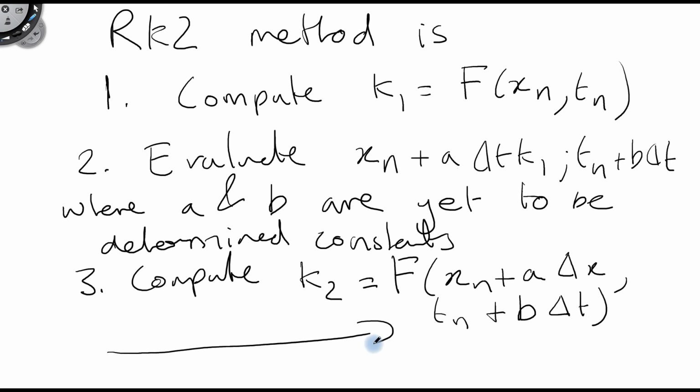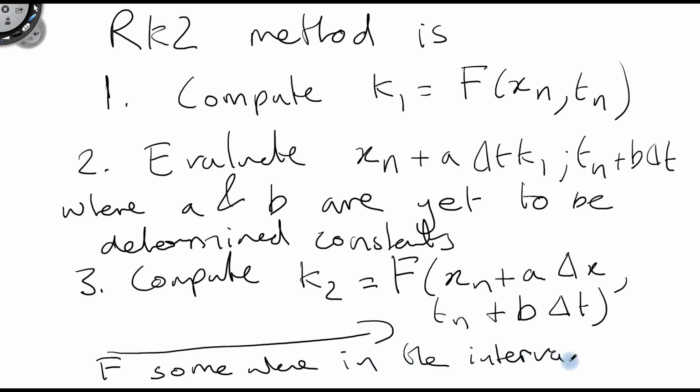So basically, f somewhere in the interval t_n to t_n plus delta t. So we've had a first evaluation of f at the start of the interval. This is very much like your forward Euler, but now we're introducing another evaluation of f within the interval.